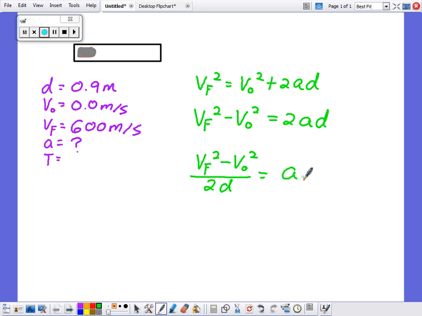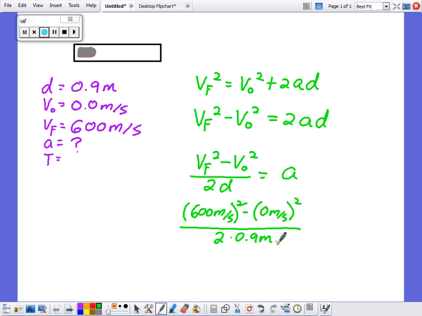From here, we just have to plug in our numbers, and we look up to the numbers that we wrote down earlier, and we have 600 meters per second squared minus 0 meters per second squared all over 2 times 0.9 meters.